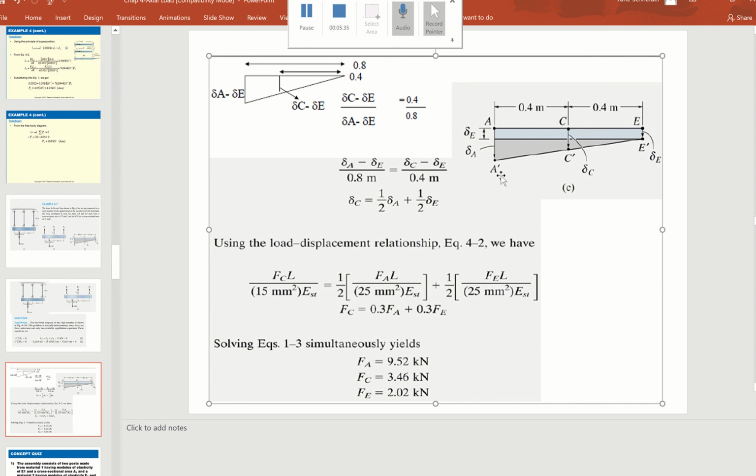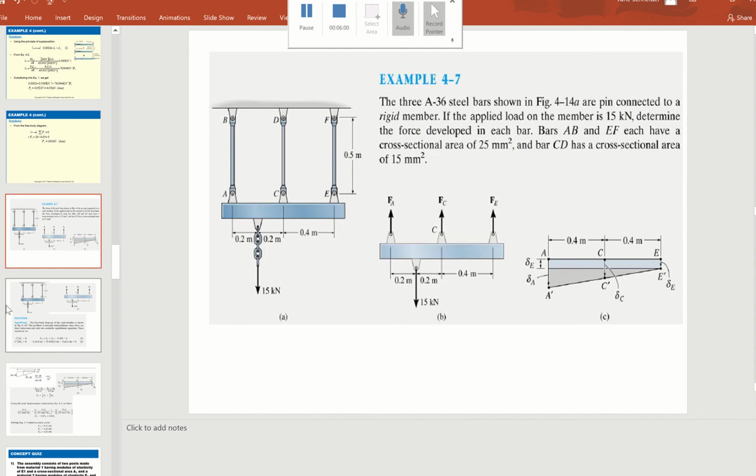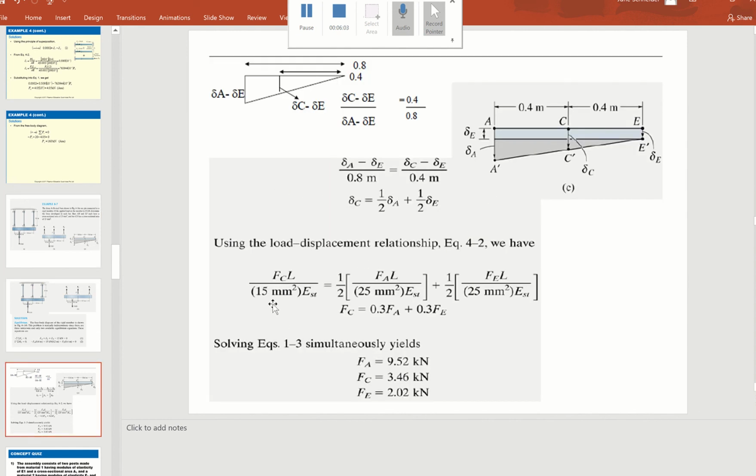Knowing that, you get the expressions of those three deformations, and then we put in the deformation equation, PL over AE. For delta C, the P is the internal force in the CD bar, that's your FC, times L. They all have the same length, 0.5. Over AE, where A is the cross section of that bar, 15, and E is that of steel. Now put it back into this equation.